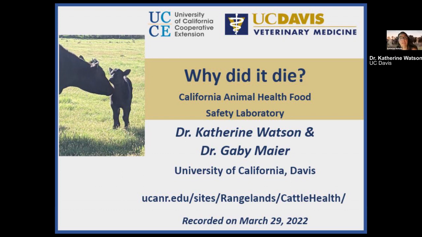Yeah, and I think the other really hard thing about BVD is that there's still so much unknown about the actual transmission. There can be a PI animal in the herd, and you would think that based on how much it's shedding, everyone would be immune after a certain amount of time, but for some reason there are always still naive animals that haven't been exposed, and the PI animal can live for a long time.